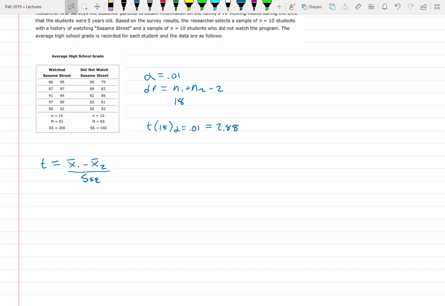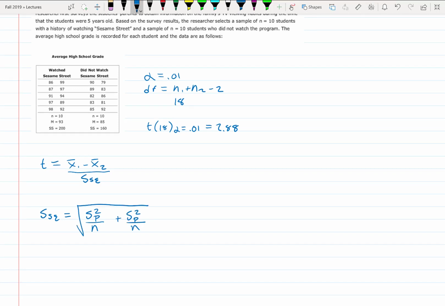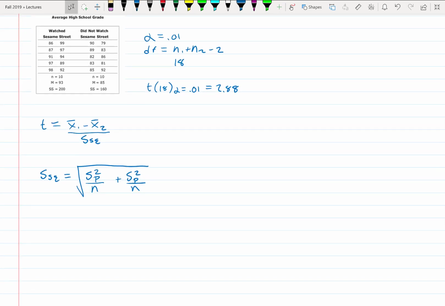In order to compute a standard error, we need a pooled variance, because the standard error is equal to the square root of the pooled variance over the sample size. We figure out the standard error with this equation. Doesn't look like we have pooled variances though, so the next thing we need to do is see if we have what we need to figure out pooled variance.